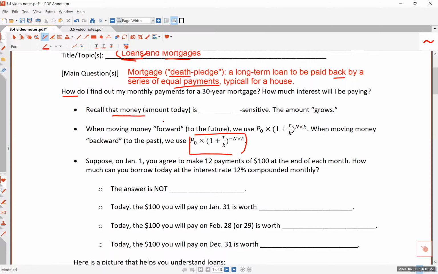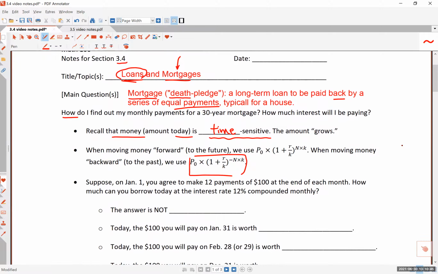Now, recall that the money amount today depends on how much it's worth today, but it's different from how much it's going to be worth in the future, because the value of money is time sensitive. This, as I said before, is probably the most important concept in chapter 3.